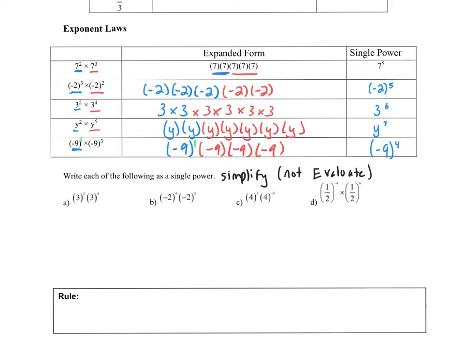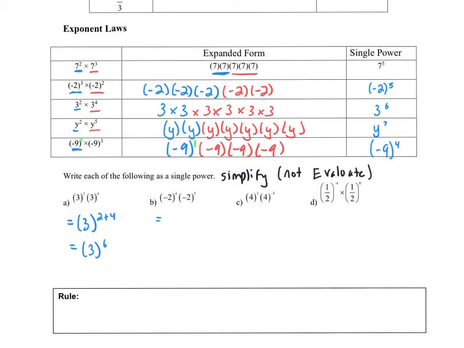So in the first example here, we have 3 squared times 3 to the 4. So we know the base is 3, and then we simply add the exponents. So it's base 3 to the exponent 6. So this is now simplified to one exponent. Evaluate would then be use your calculator to find what 3 to the power of 6 is.